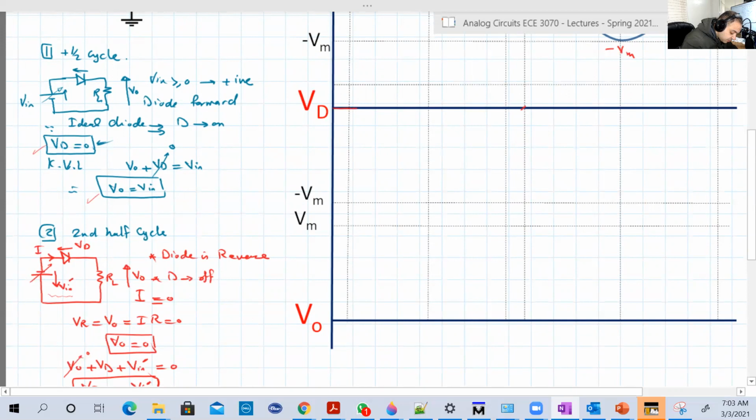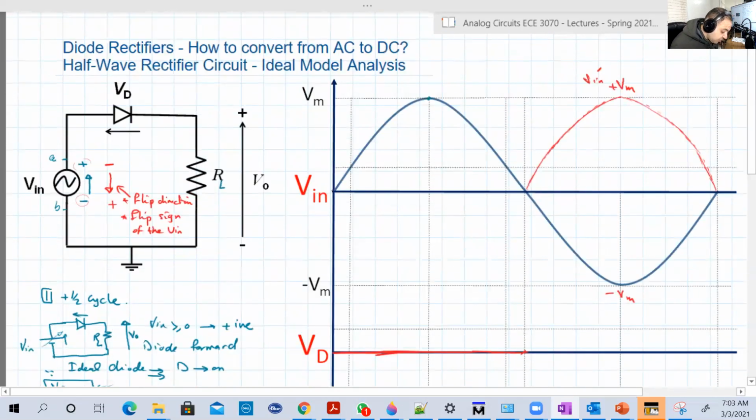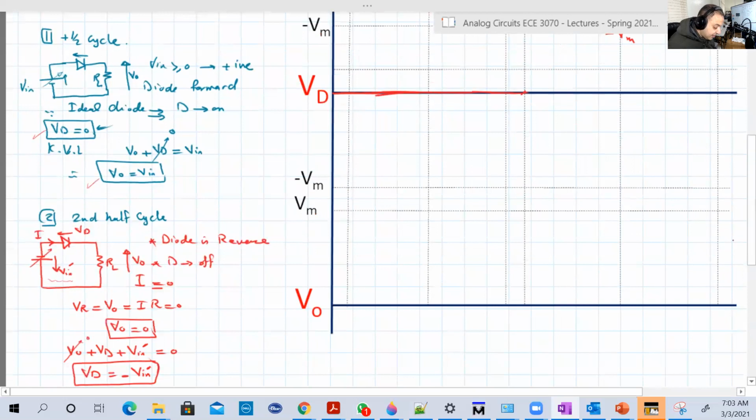So VD is 0, just 0 here. So all these points will be 0 in the positive half cycle. And VO is equal to V input. So this is the input, remember? So just copy this dome here, this part of the sine, and put it at VO.